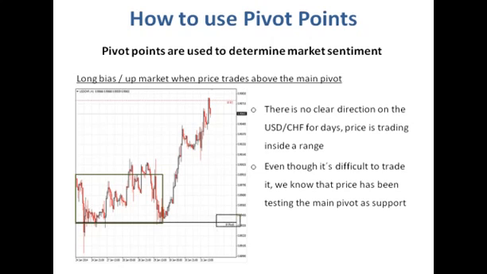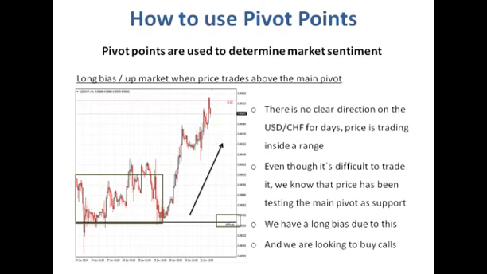This is the monthly pivot, and as you can see, price is testing it quite nicely as support, giving us an opportunity to buy calls in the short term for a clear bounce off the main pivot. So we have a long bias due to this, and we are looking to buy calls because price is trading above the pivot.